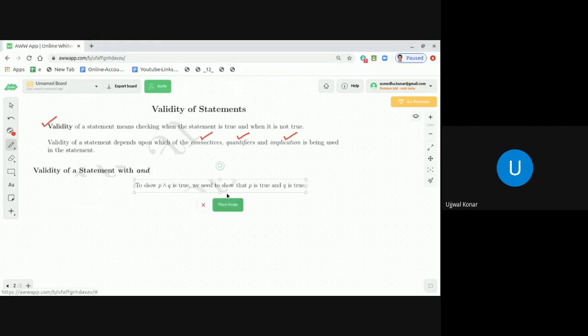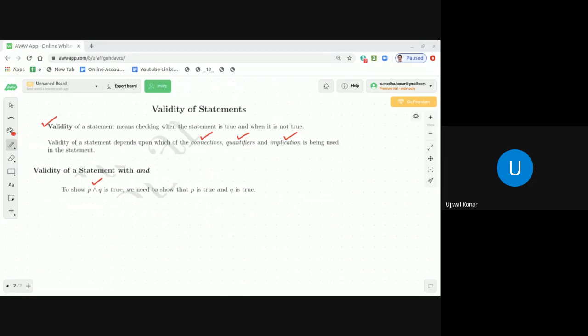If you remember, the connective for and has a symbolic notation: P and Q. To show that P and Q is true, we need to show that P is true and Q is true. When both are true, then only P and Q is true. If you recall the truth table of the connective and.